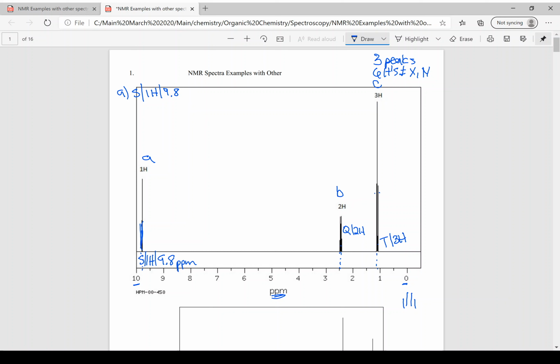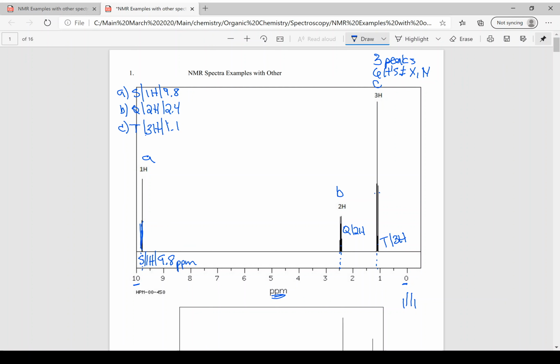I'm not going to write ppm each time, but if you're doing this on a report or anything official, make sure you still put the unit. b is a quartet for 2 hydrogens at about 2.4. For c, I have a triplet that integrates for 3 at about 1.1. All right, that's what I know.